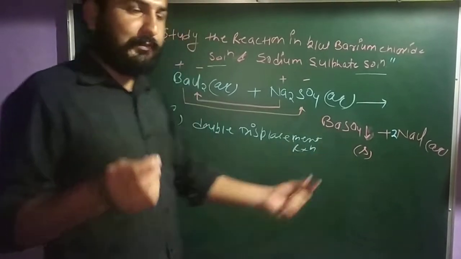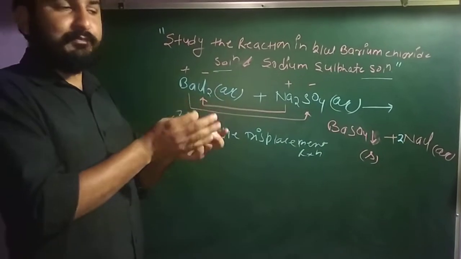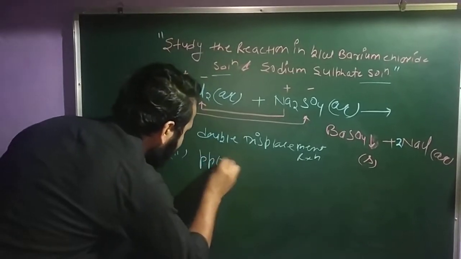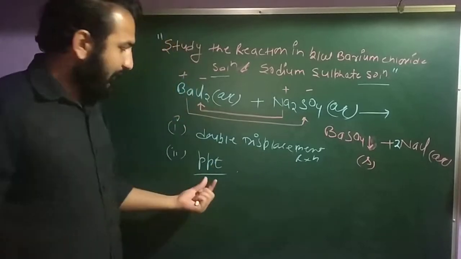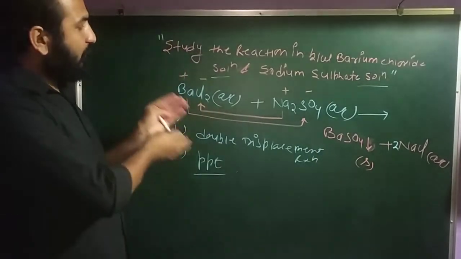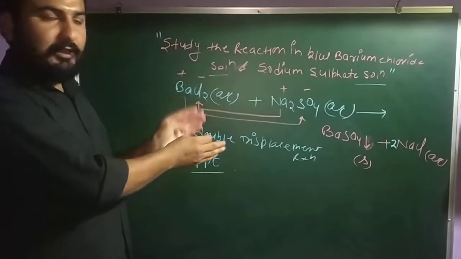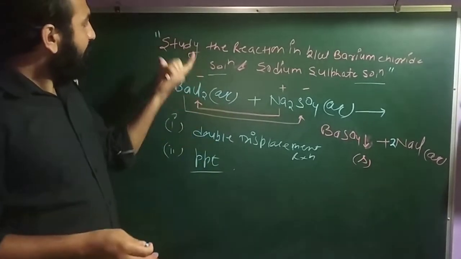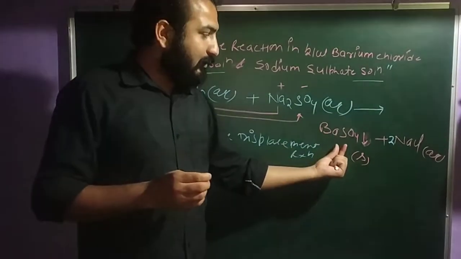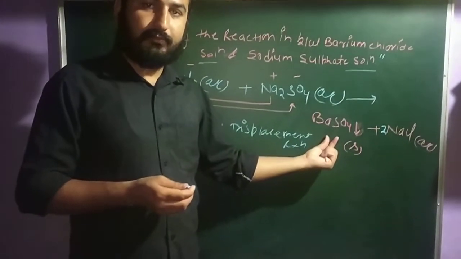What is it known as? The precipitate. I told you earlier, the precipitate, we can write in short form, PPT. PPT means precipitate. Clear? So you can conclude your study or observation in this manner. In this reaction, a precipitate or an insoluble substance is formed. Clear?